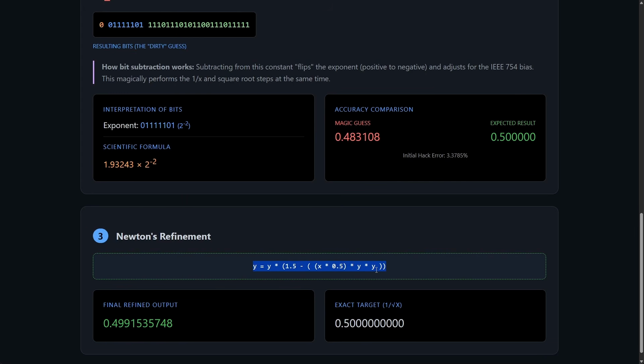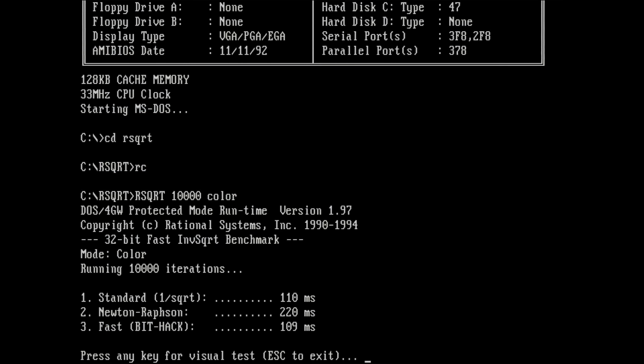For instance, the Newton refinement uses floating point multiplication, and there is the conversion from integer to float. But it looks like this CPU in particular cannot really benefit from the fast inverse square root algorithm. I have no other explanation, but this is what I just gave you. If you have more details, please let me know in the comments. If you have some good insights, I will pin your comment under my video. So let's run our color circle mode.